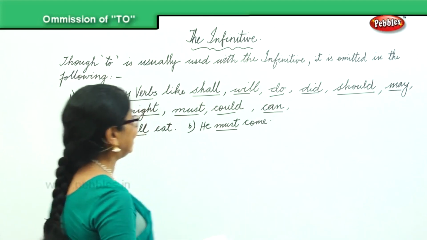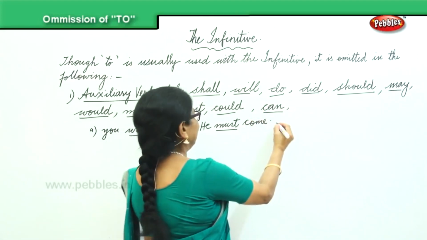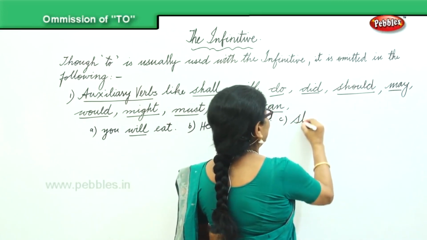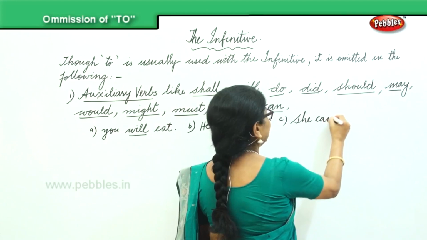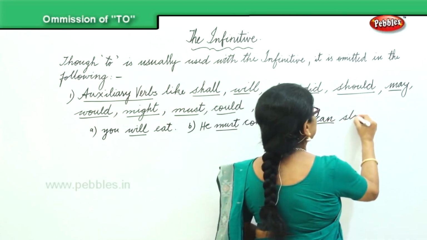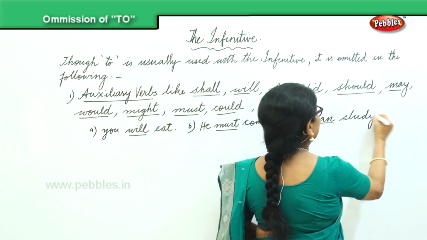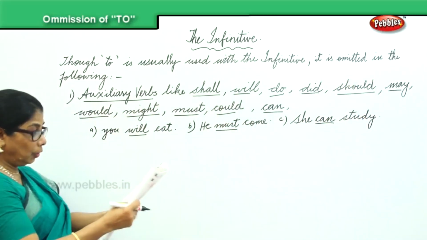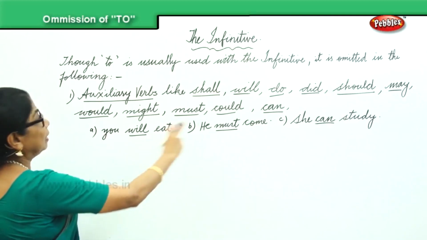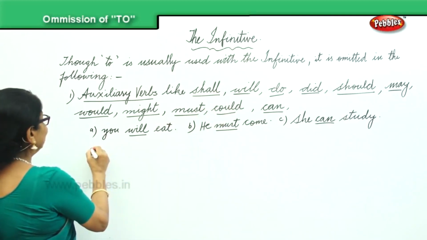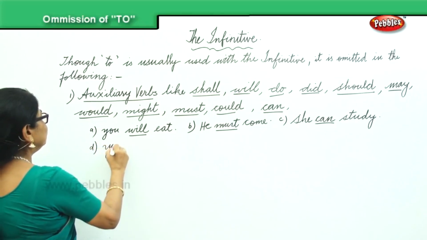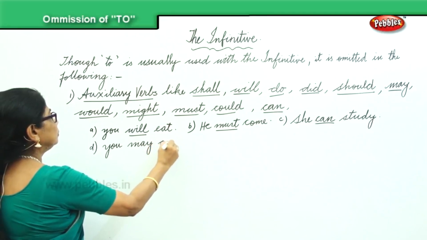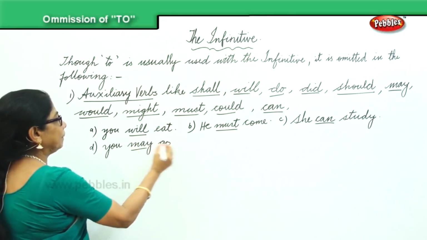Another sentence, can. Then we'll say, she can study. Or he can study. We have omitted "to". It is omitted with the auxiliary verb. Okay, we'll do some more. You have the word may. So we will say, you may go. So we used may.